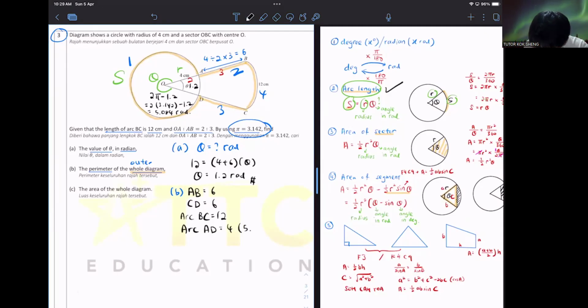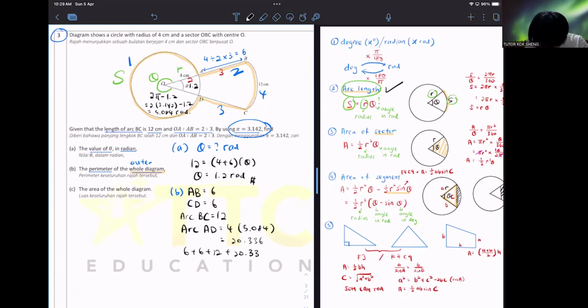Radius, theta 0.84. Okay, so times together, and later I plus all these four lengths: 4 times 5.084. Okay, so your perimeter is 6, 6, 12.